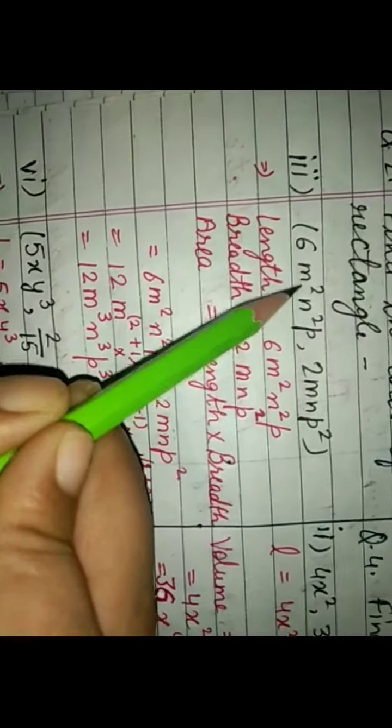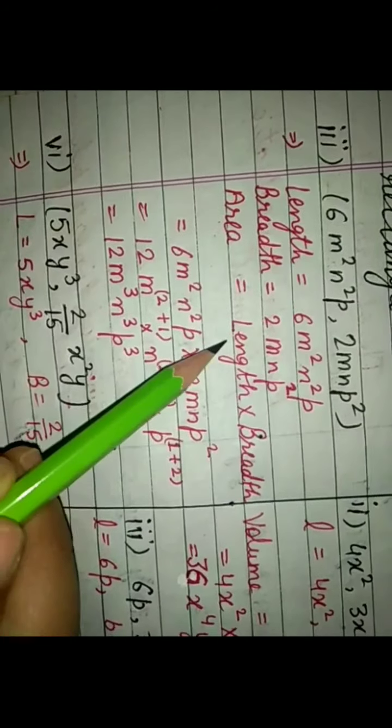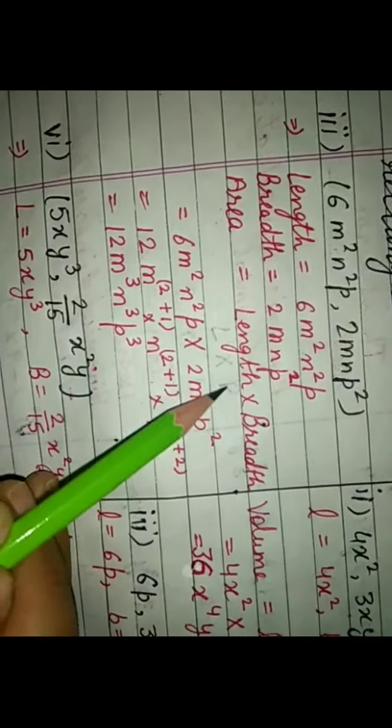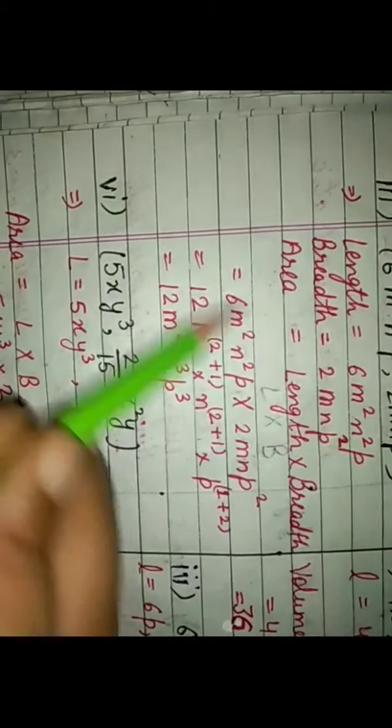So I suppose the first value as length and the second value for breadth. So area, formula of area equal length multiply by breadth. You can write L multiply B in short form, because length is denoted by L and breadth is denoted by B.